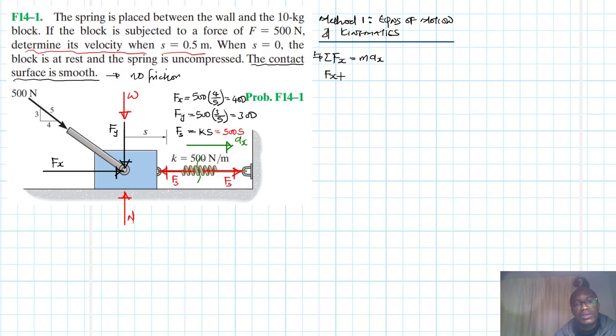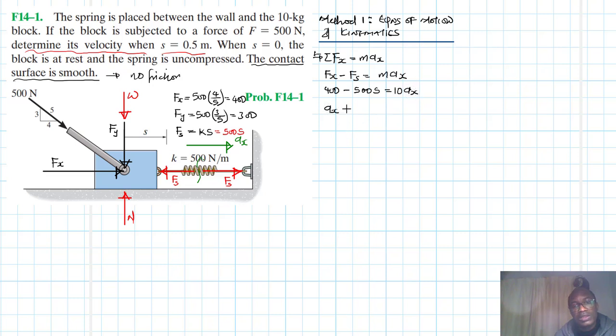Right, so Fx minus Fs equal to m ax. Our Fs is a constant and is just equal to 400, and Fx as a function of S is equal to 500 S, and this is equal to the mass, which is just 10, times ax.